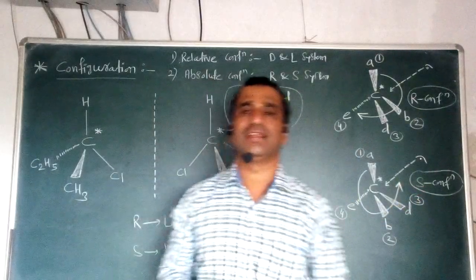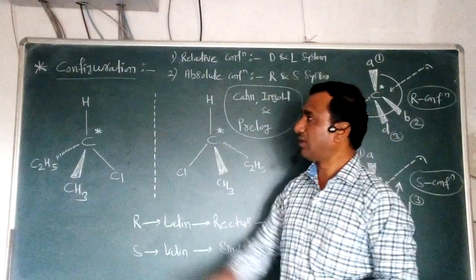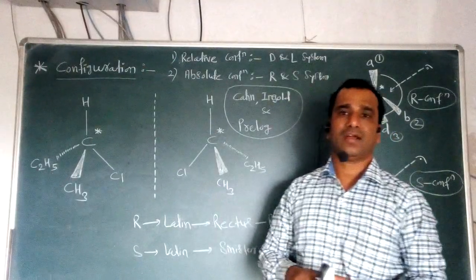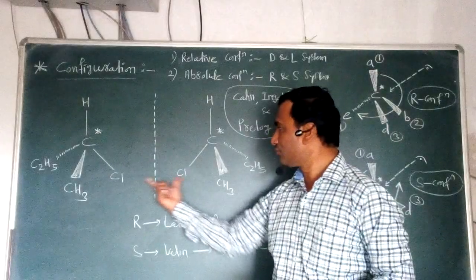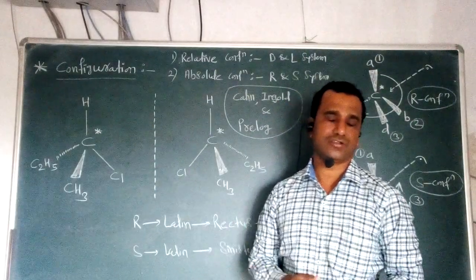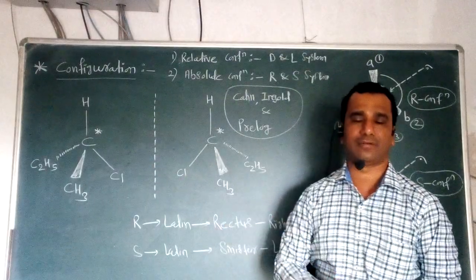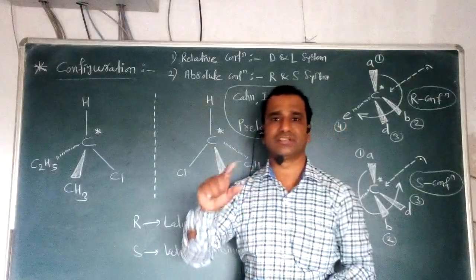So in this current lecture, we studied the important concept of configuration. For this purpose, we take the help of two simple examples. This is a pair of enantiomers. How do these enantiomeric pairs differ in the actual arrangement of atoms or groups of atoms surrounding the stereoisomer?